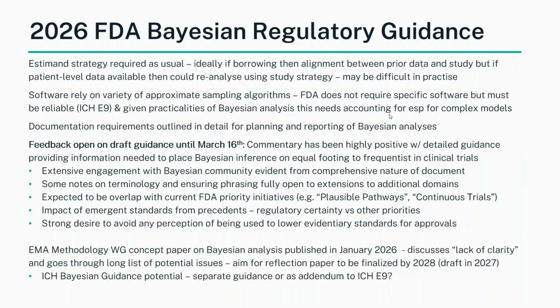But that also means that the back and forth between the sponsor and the regulator about, okay, what is the threshold, for example, for the posterior probability of success, and how that evolves over time. If one trial gets this threshold and the next sponsor gets a threshold that's more restrictive, what kind of debate will that create, and how will the FDA and other regulators deal with that degree of subjectivity? That does create a concern.